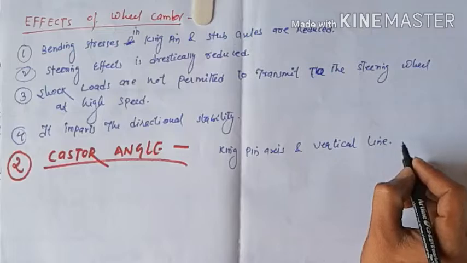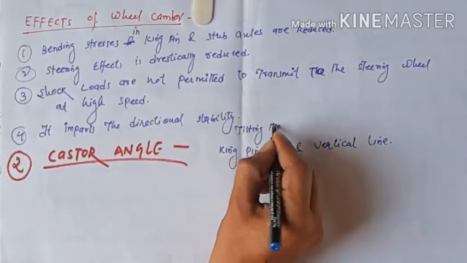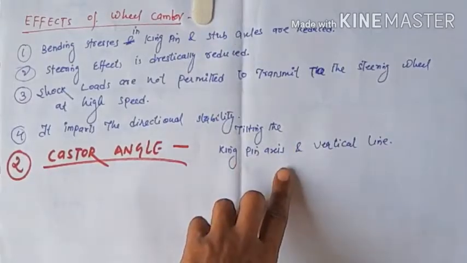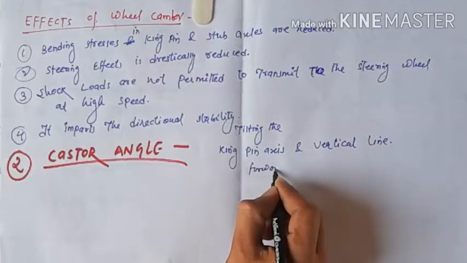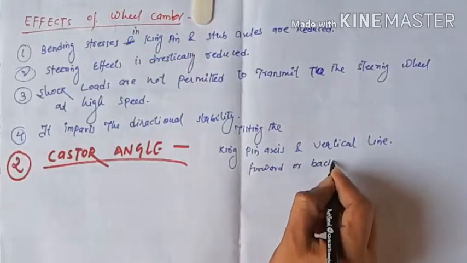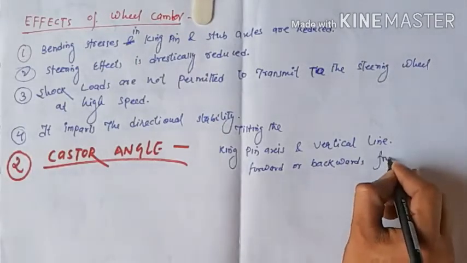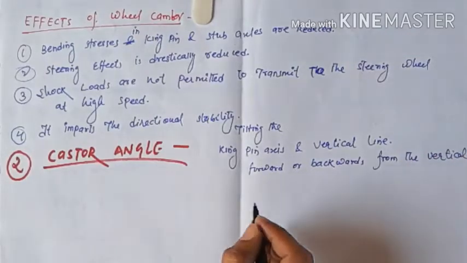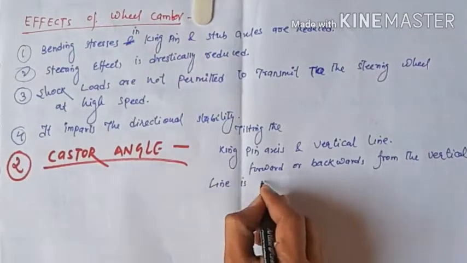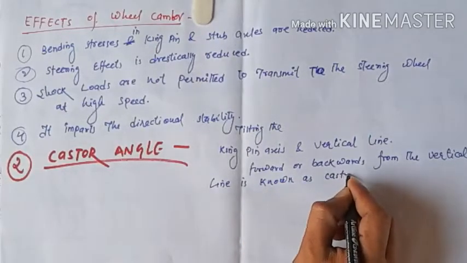Again, we can say tilting the kingpin axis either forward or backward from the vertical line is known as the caster angle.